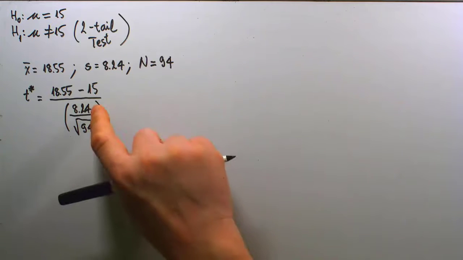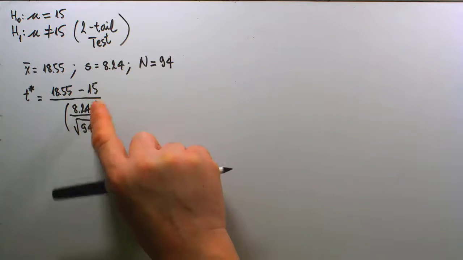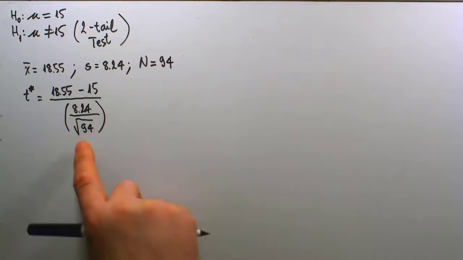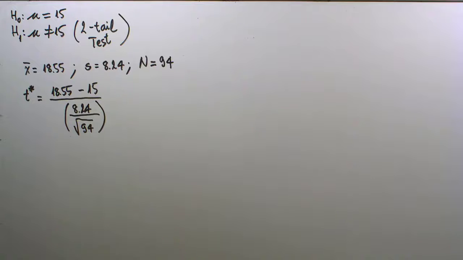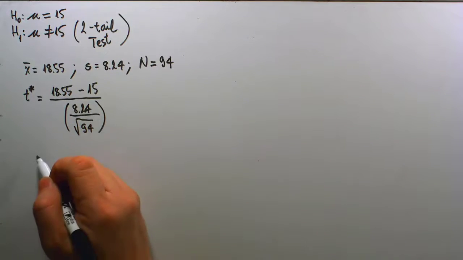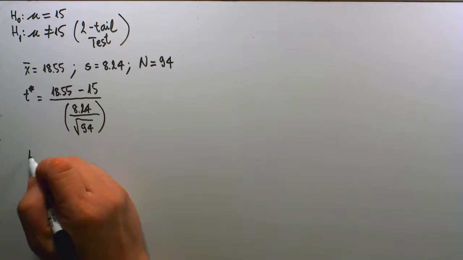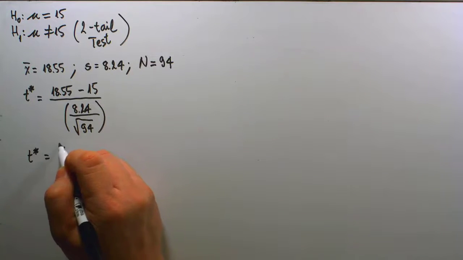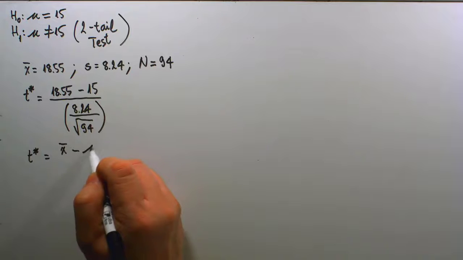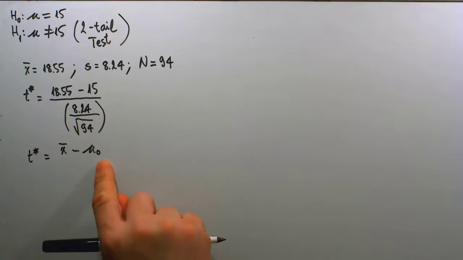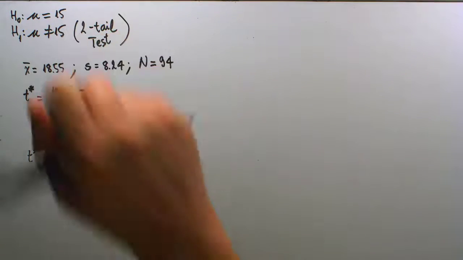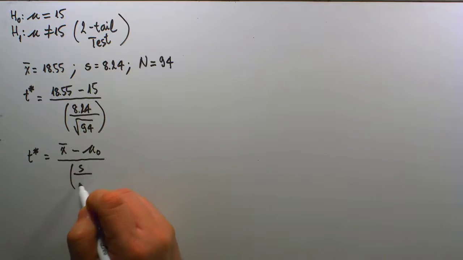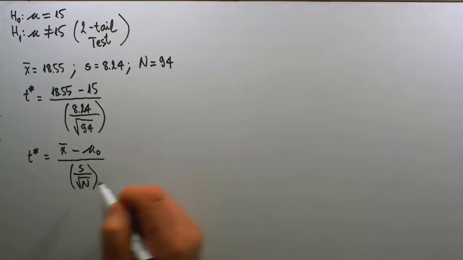As a clarification, 8.24 is the sample standard deviation, and 94 here is the sample size, but it's the square root of the sample size in that denominator here. And again, as a reminder, t star is calculated with the formula x bar minus the value being claimed in the null hypothesis statement, divided by s over the square root of n, the sample size.